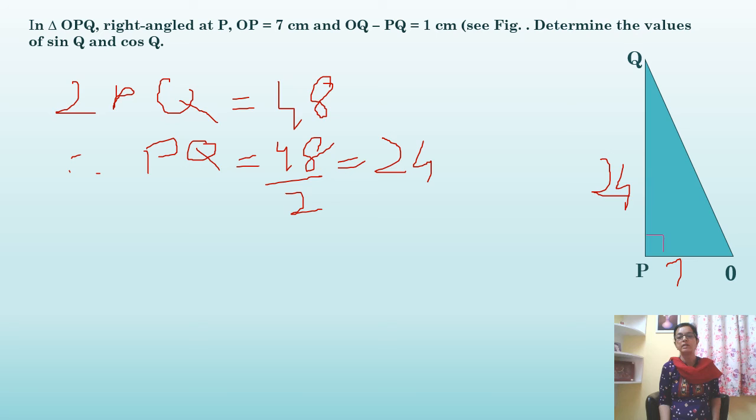Now we have to find this OQ. How will we find OQ? It is already mentioned in the question that OQ is equal to 1 plus PQ.